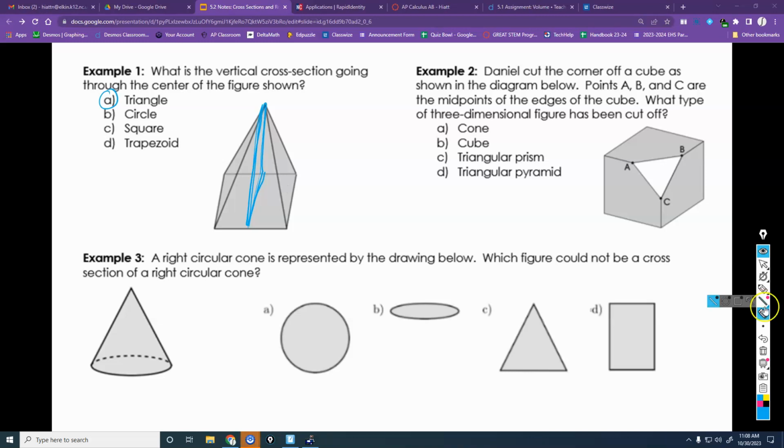William has a good question too. I cut it sort of straight on, but you could cut it this way and it would still go through the center. If you did that, you would be cutting like here, like that. What shape do you still get? Still a triangle.